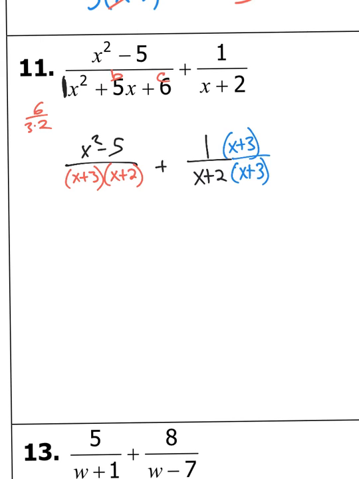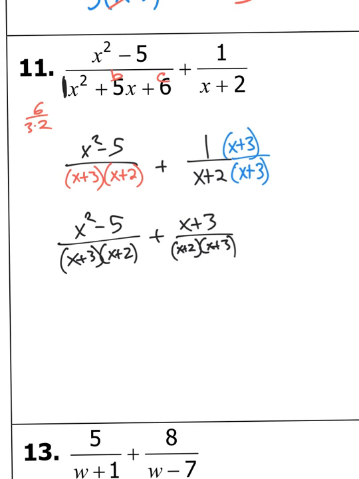So what I'd be left with is x squared minus 5 plus x plus 3. Now that they are the same denominators, I can just add the numerators here.